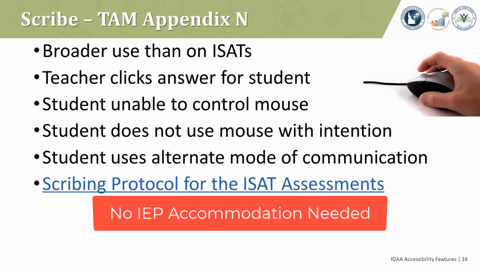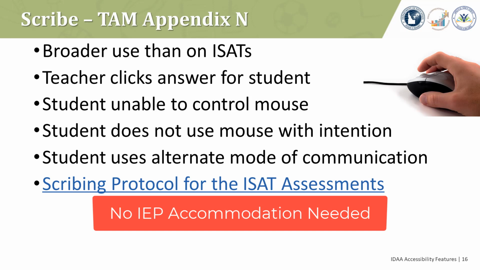Even though a student is not proficient with the mouse, they may point to, look at, or tell the teacher their answer. Maybe the student is using the printed response option cards with the Idaho Alternate Assessment fixed form version of the test. These are all reasons a student may need a scribe to click the answer in the Secure Test Browser.